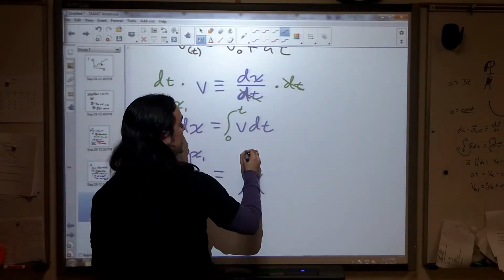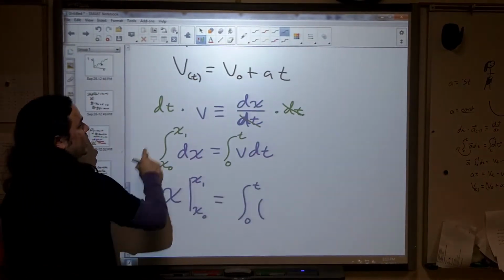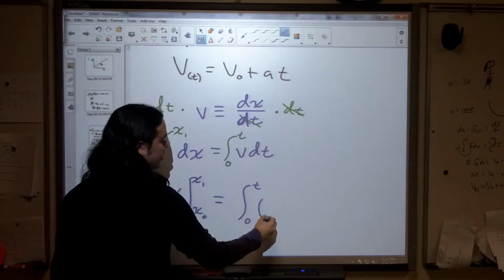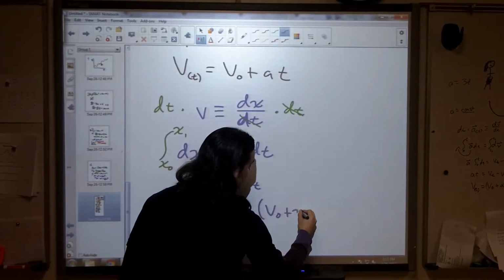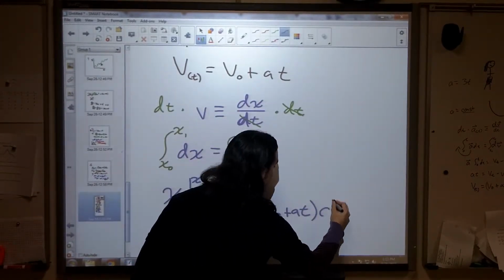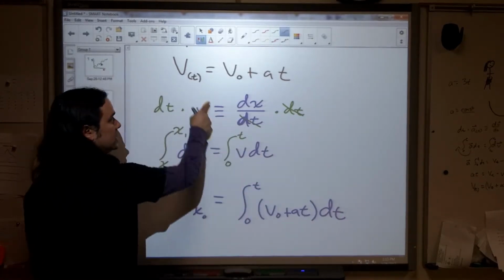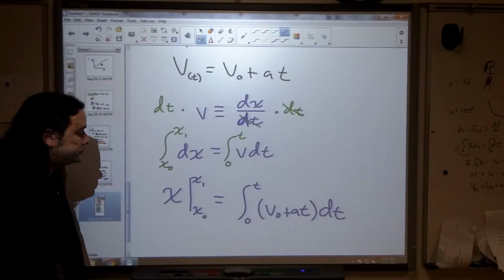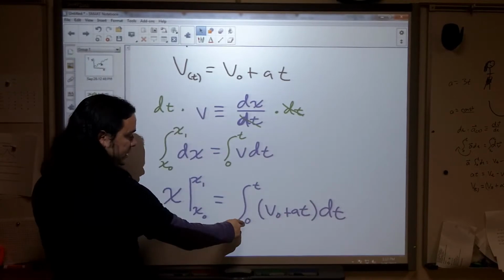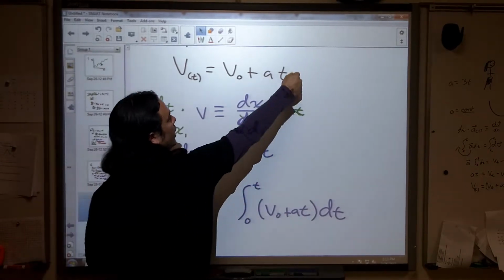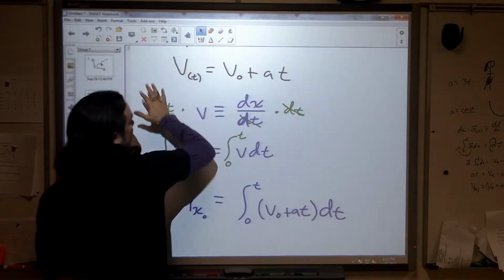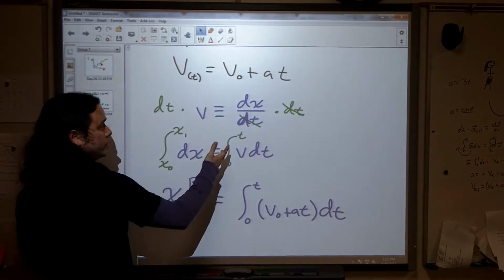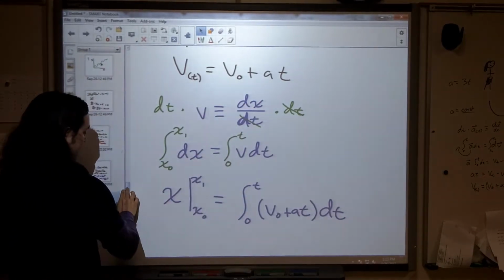So instead of v, I can have velocity as a function of time is equal to my initial velocity plus my acceleration times my time, and that whole thing is my velocity as a function of time. If I want to find the velocity at any given time t, I put the time in here, and then it will tell me what the velocity is, assuming I know the acceleration and the initial velocity.